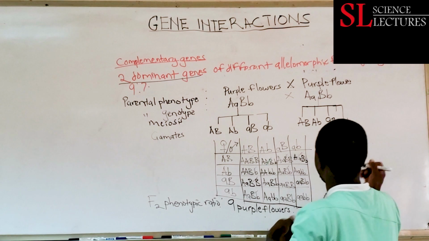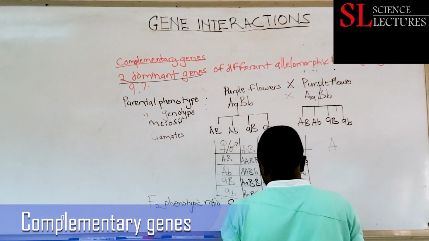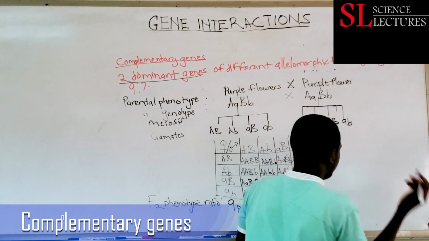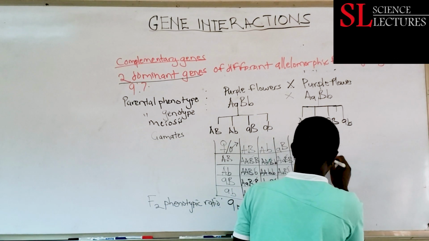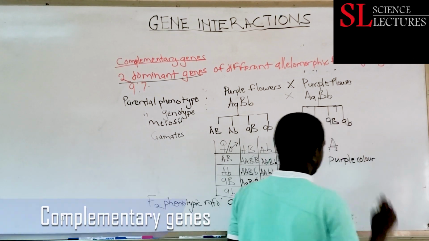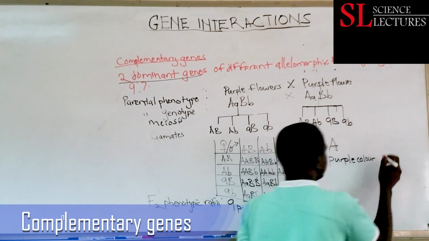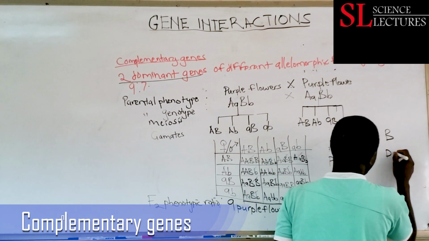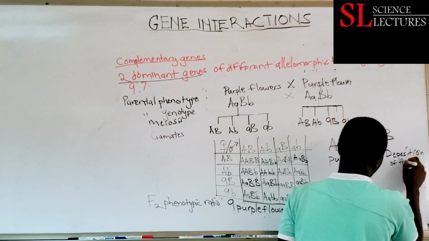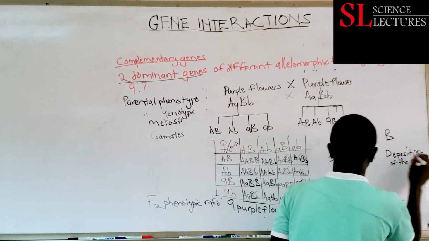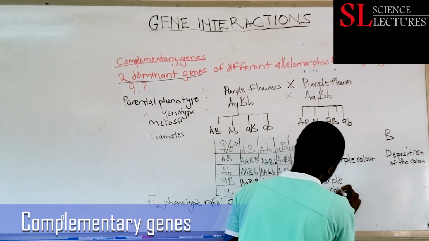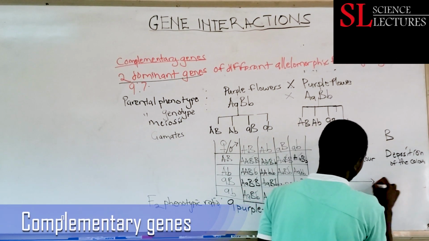Let's say gene A is responsible for formation of the purple color. Then gene B is responsible for the deposition of the color. So we have our purple color, then this color shall undergo some modifications.